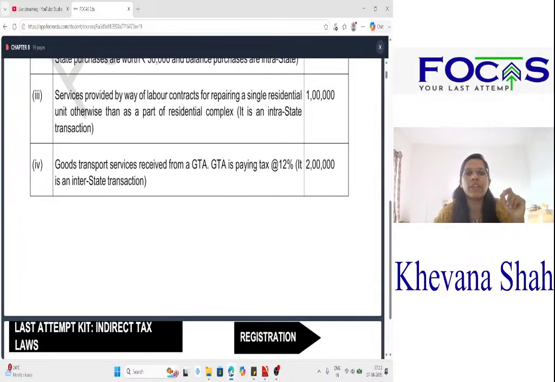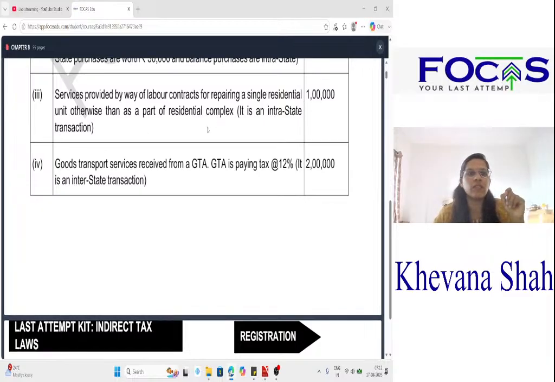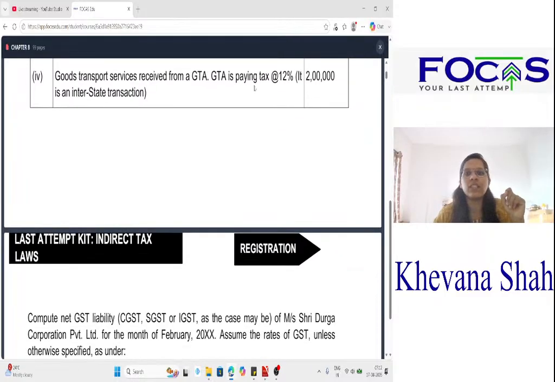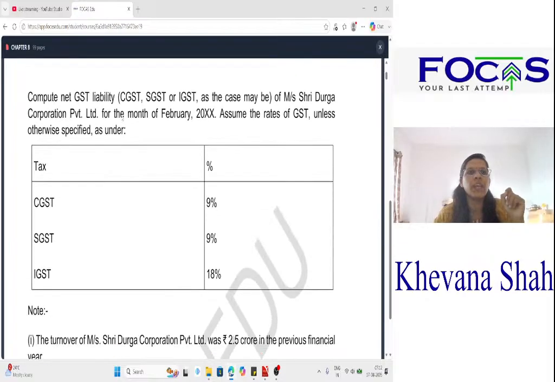Services provided by way of labor contracts for repairing a single residential unit otherwise than as a part of residential complex. It is an intrastate transaction, 1 lakh. GTA services, GTA is paying at the rate of 12% and it is an interstate transaction, 2 lakh is the amount. Compute the net GST liability of Messrs. Sri Durga Corporation Private Limited for the month of February.